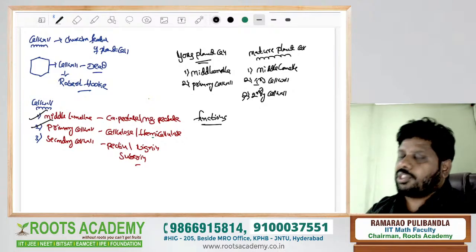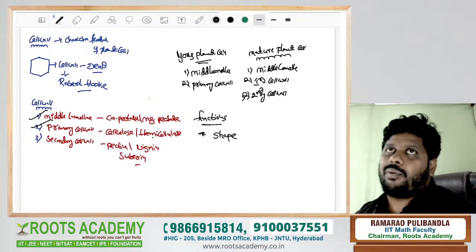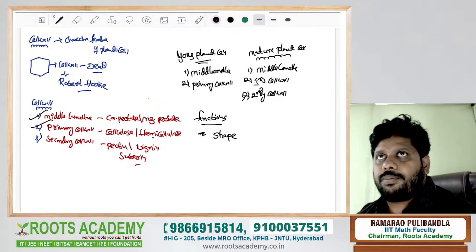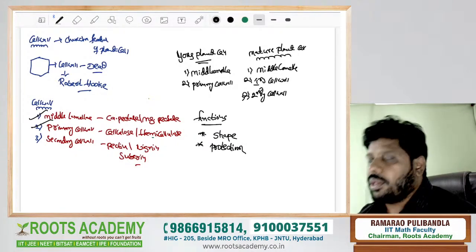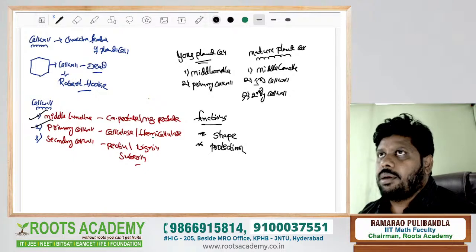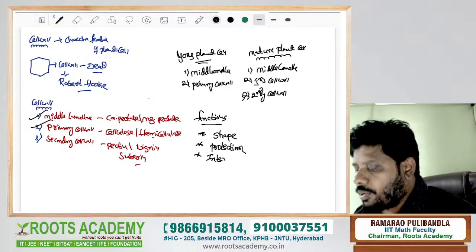What are the functions carried out by the cell wall? See, it plays an important role to provide the definite shape to the cell and also participates in protection. And it plays an important role in internal transport between the two cells.